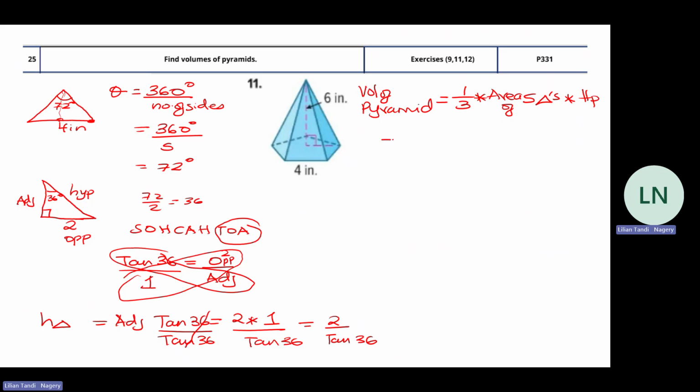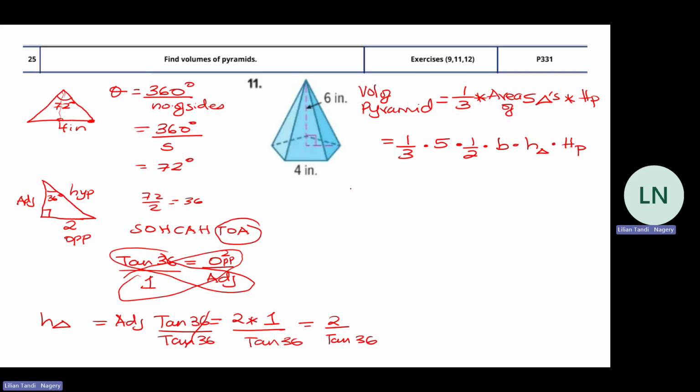Okay, so this is 1/3 multiplied by 5 multiplied by half multiplied by base of the triangle multiplied by height of the triangle and multiply by the height of the pyramid.